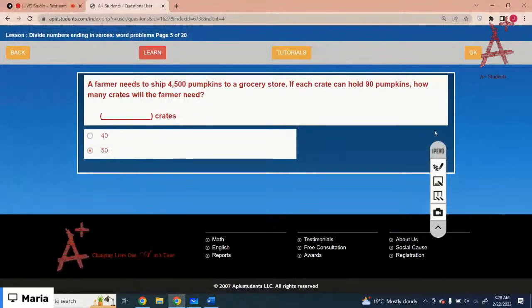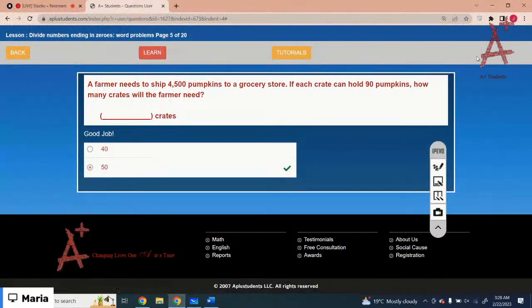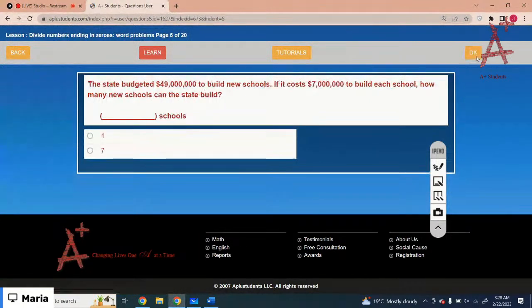And the next one is the state budgeted 49 million to build new schools. If it costs 7 million to build each school, how many new schools can the state build?